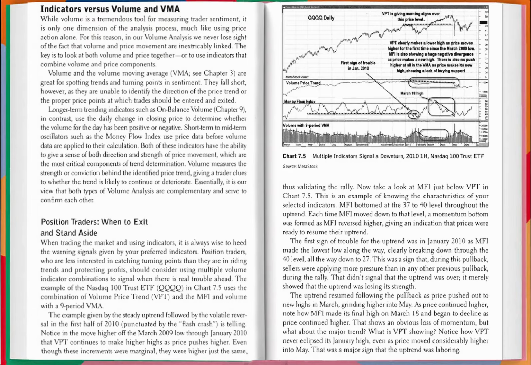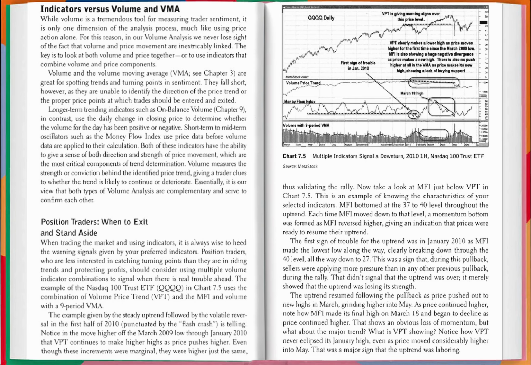Indicators versus volume and VMA. While volume is a tremendous tool for measuring trader sentiment, it is only one dimension of the analysis process, much like using price action alone. For this reason, in our volume analysis, we never lose sight of the fact that volume and price movement are inextricably linked.